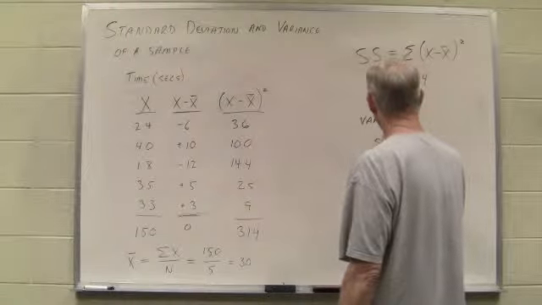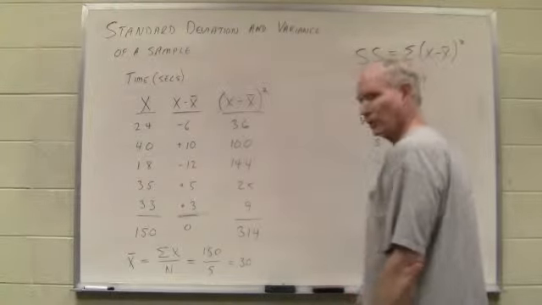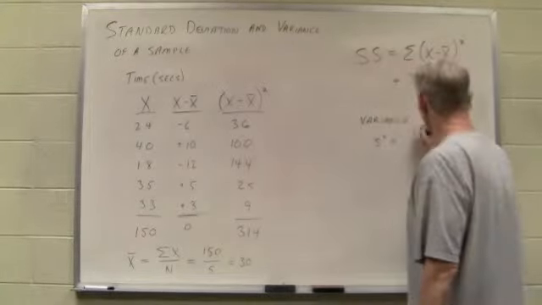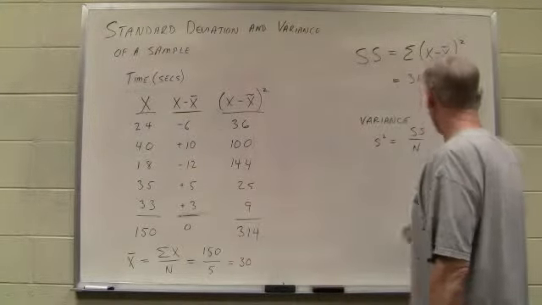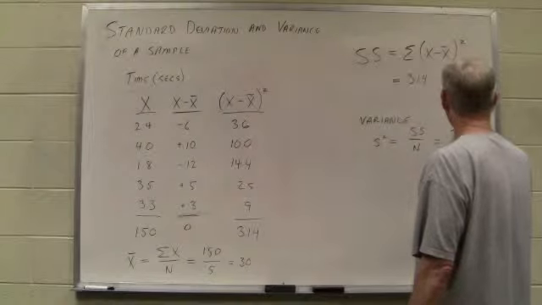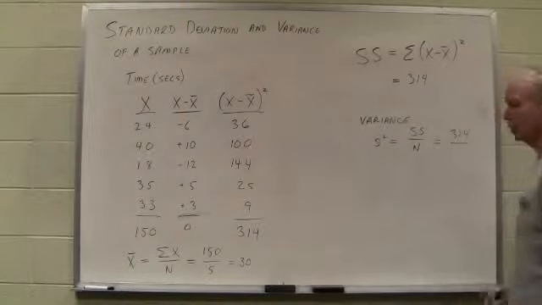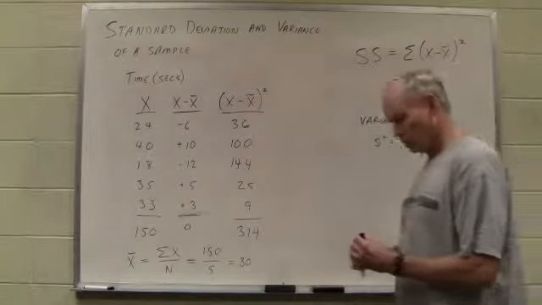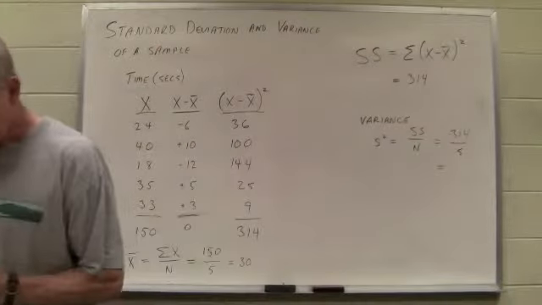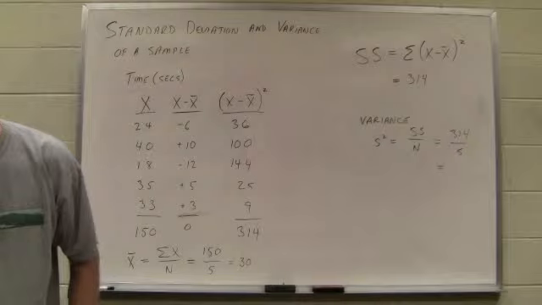Sample variance, designated by lowercase s squared, is nothing but the sum of squares divided by n. So in this case, 314 divided by 5, which gives us 62.8.